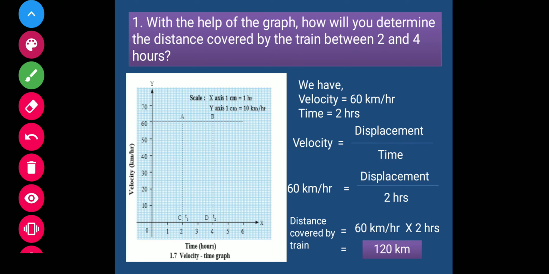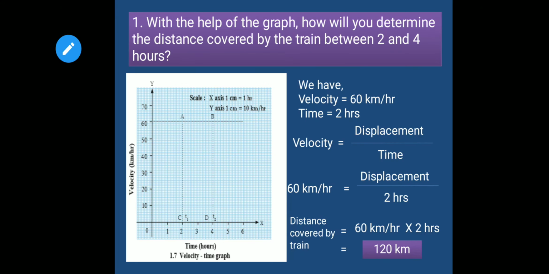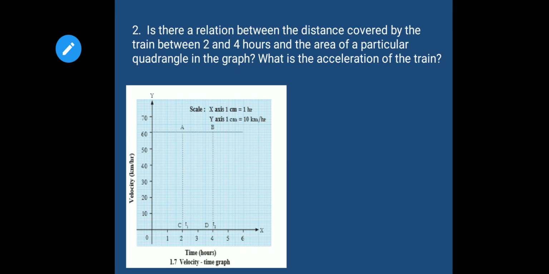Next question, which is again a textbook question. Is there a relation between the distance covered by the train between 2 to 4 hours and the area of a particular quadrangle in the graph, and what is the acceleration of the train? We have found out the distance covered by the train is 120 kilometer.